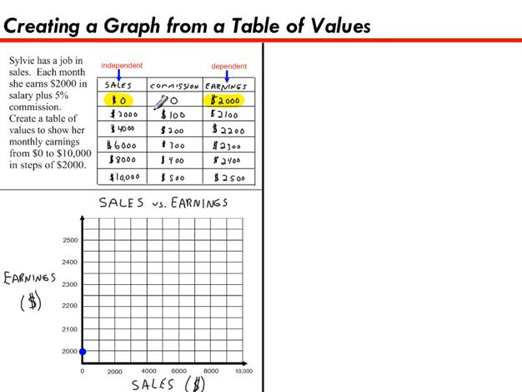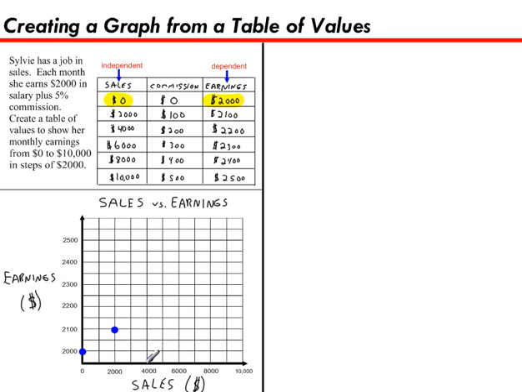My second point will be $2,000 for sales and $2,100 for earnings. So there's my $2,000 for sales, and I just go up until I've hit $2,100 for earnings. And there's my second point. And I can continue that pattern. My next one will be $4,000 and $2,200.